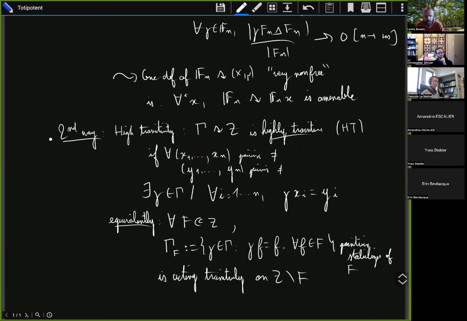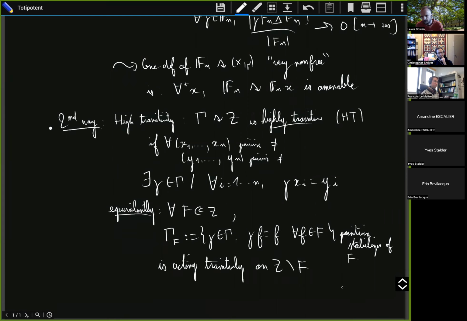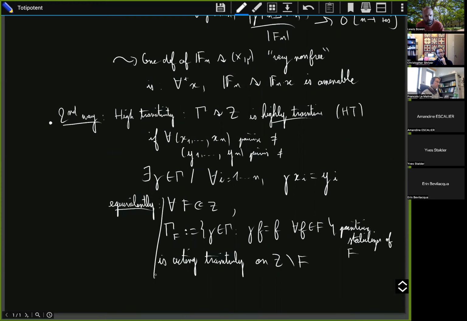So it is fixing the points of F, but outside of it, it is acting as richly as one can. It is a small exercise to check that the two definitions are equivalent.